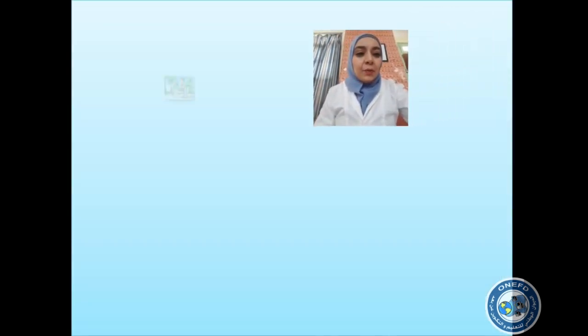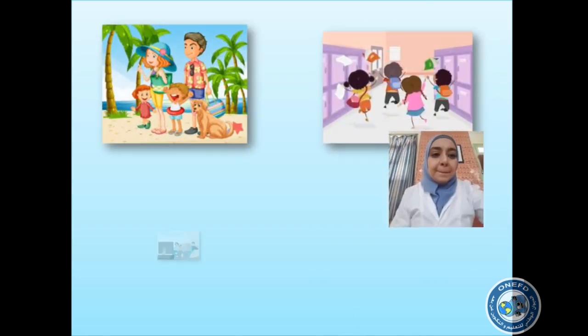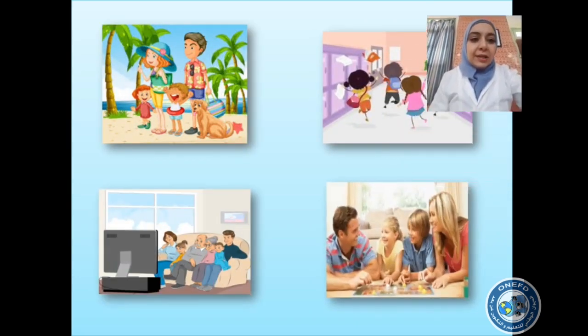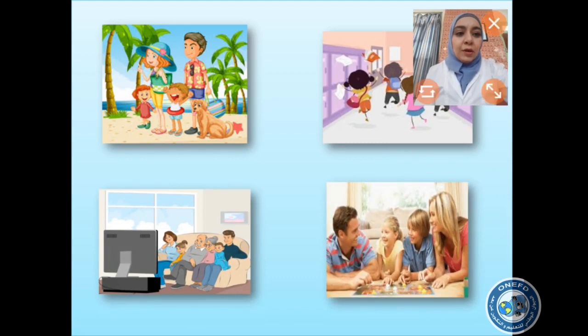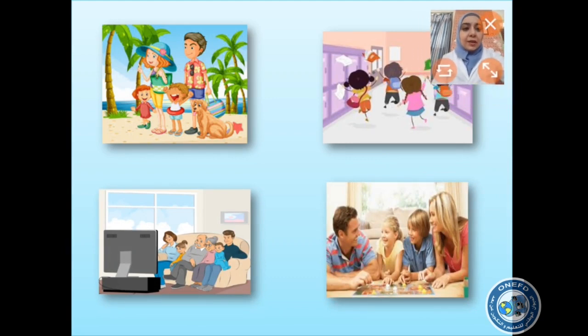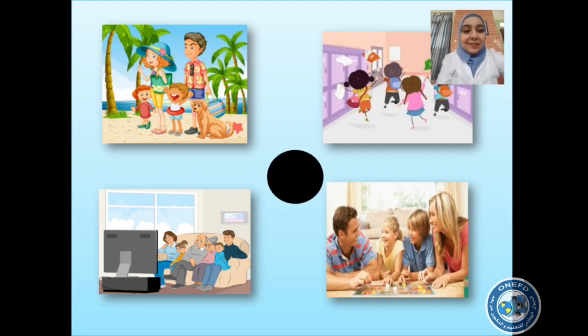Picture number 1, 2, 3, and 4. Okay, let me get smaller so that you see the pictures. What do these pictures represent? Try to see each one, then what is the topic explained in the 4 pictures together. Few seconds to think.